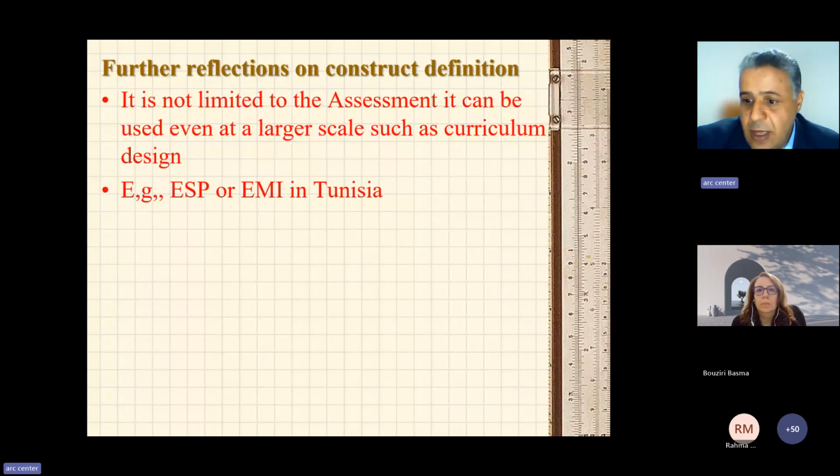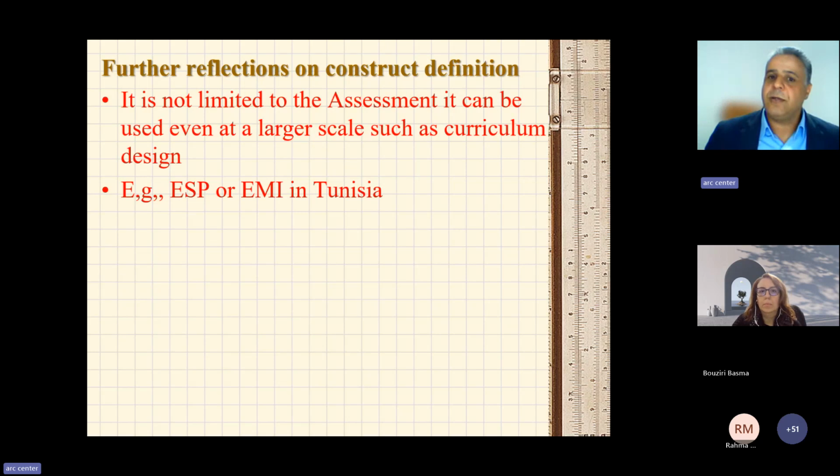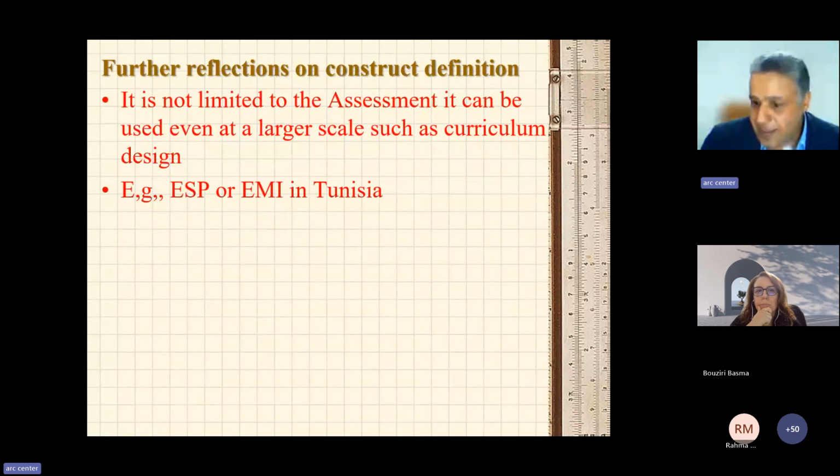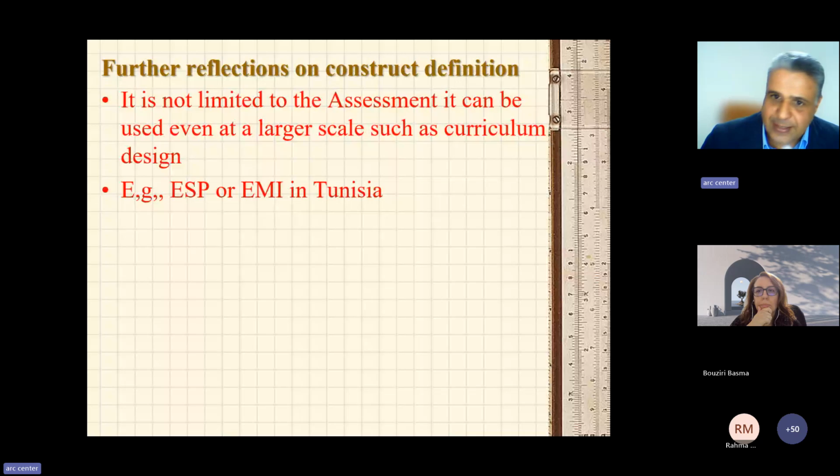In terms of policy, for example, construct definition is also useful at the level of planning and policy and curriculum design. And a very important discussion that we are having these days in Tunisia is about ESP and EMI. English for specific purposes. Is it, in terms of construct, do we really need it today?